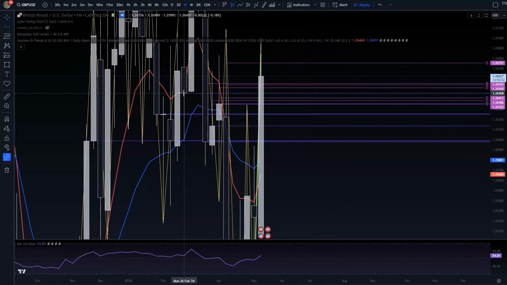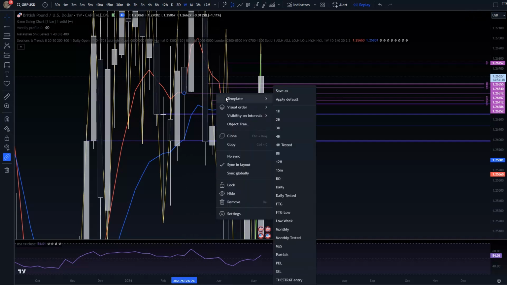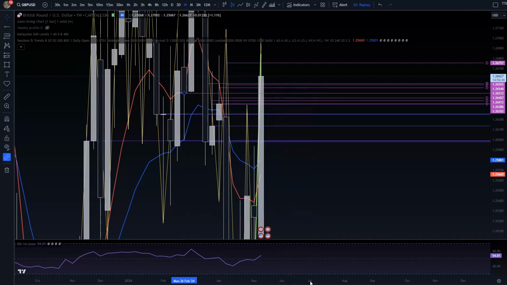Again, I mark them using rays and assign my weekly template to them. When I'm done, I hide the Malaysian SNR indicator.